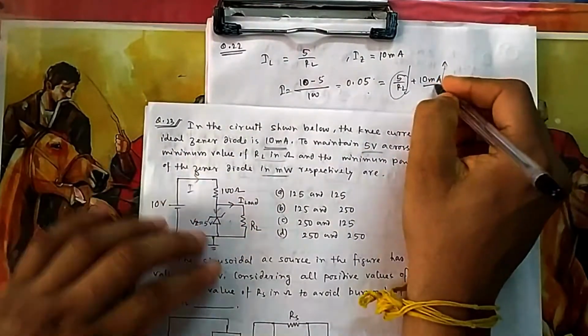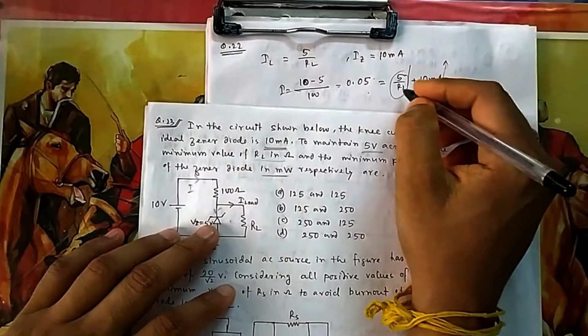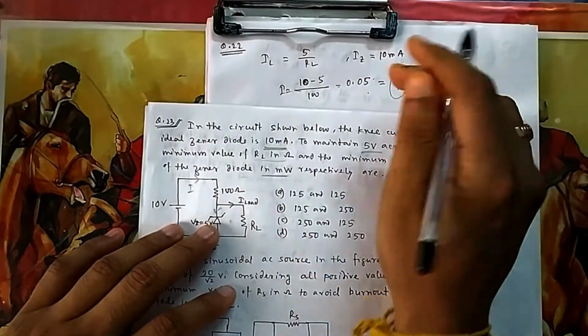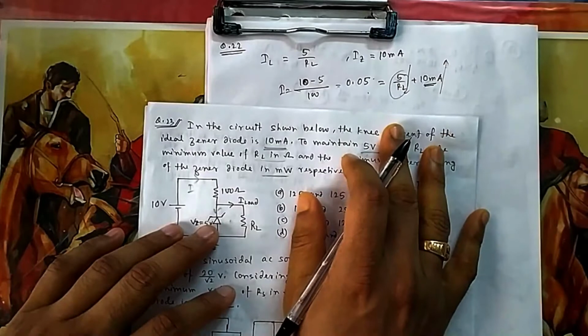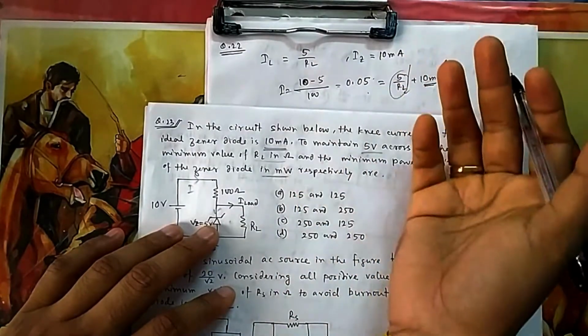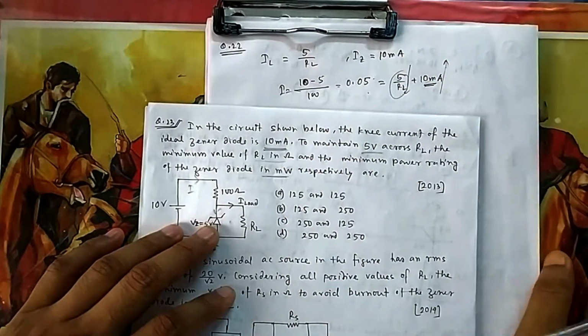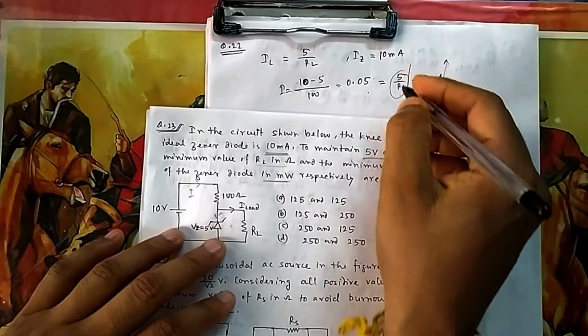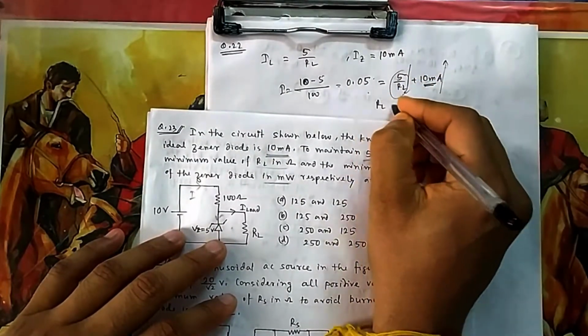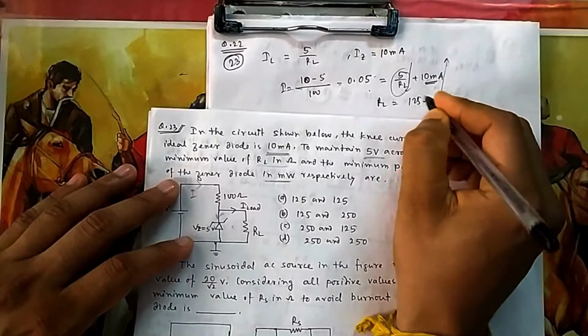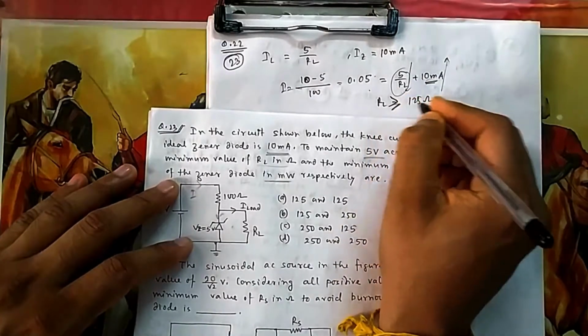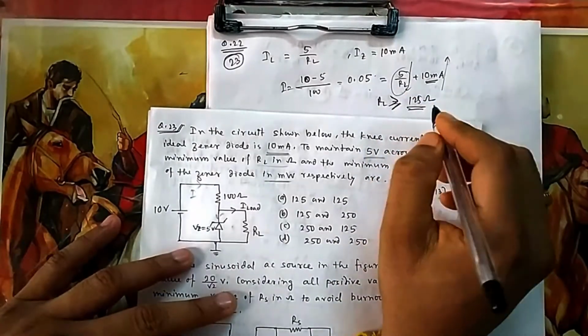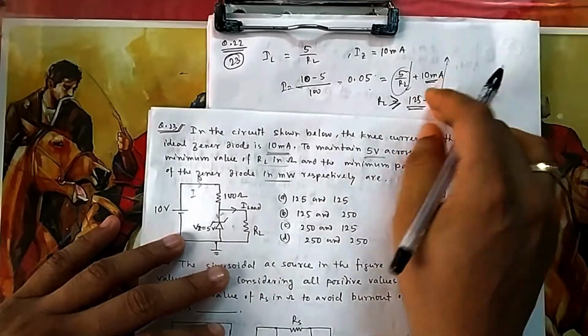So if I fix it at 10 milliampere, then let me see what is the RL. From that RL you can increase, you cannot decrease. Okay. So if you solve it, you will find your RL equal to 125. That means your RL should be greater than or equal to 125. Because 125 is the minimum value.